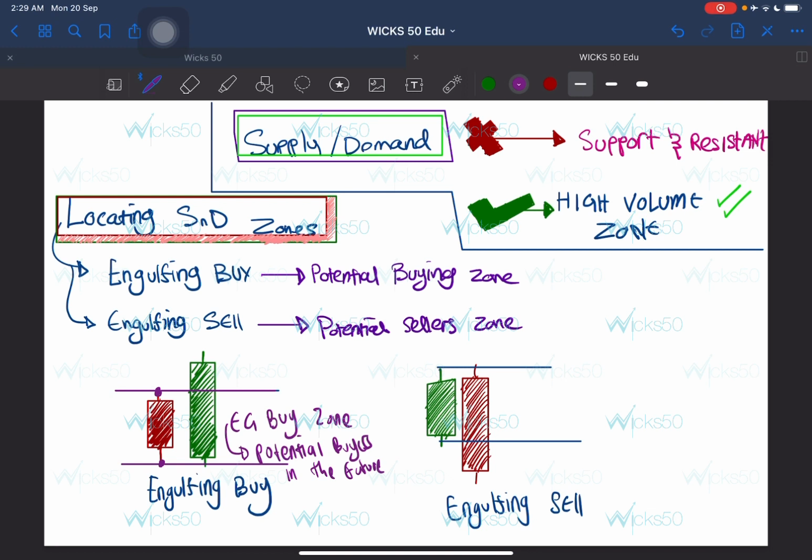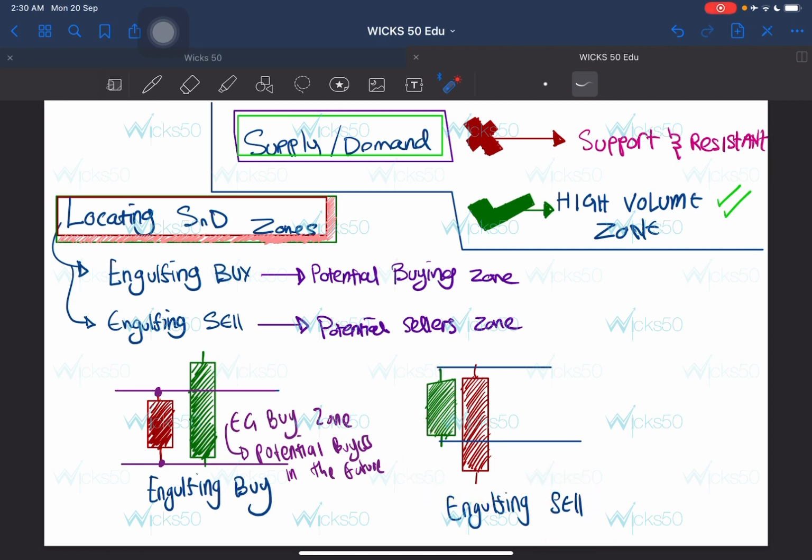And then the engulfing sell is when a red candle, or you can call it a seller's candle, devours the green candle. How does a red candle devour? Meaning it has to show that the sellers are stronger than the buyers.